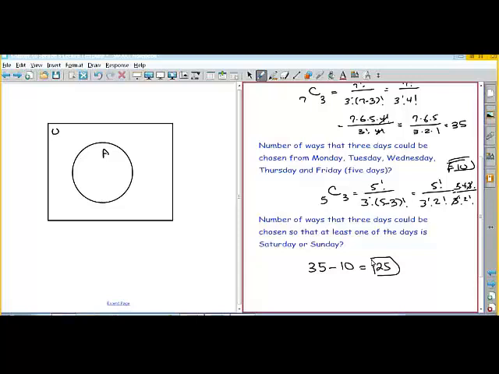Now, how would you do it? Is there a long way of doing it that would give you the same answer using the same idea? You might have to do it with just Saturday, just Sunday, Saturday and Sunday.